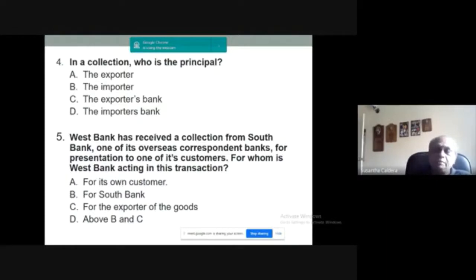After reading the question, identify who is the remitting bank, who is the collecting bank, who is the presenting bank. Who is the collecting bank?